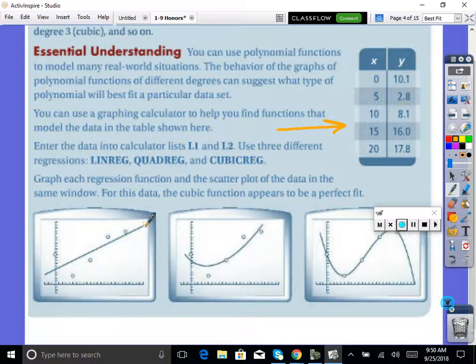So do you see how if I draw a line, they definitely don't connect? So it's not linear. Quadratic is getting better than linear, but still not a perfect fit, is it? But boom, look at that. A cubic is fitting them perfectly. So these xy points are a cubic polynomial's xy points.